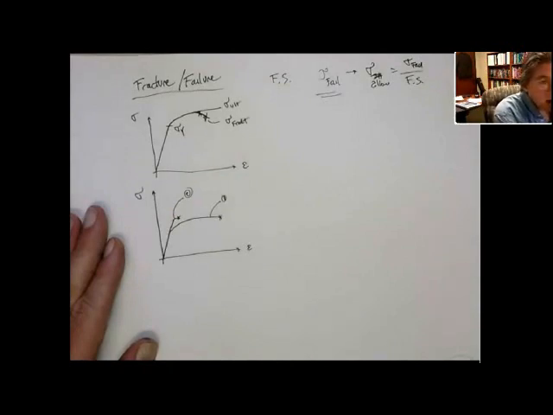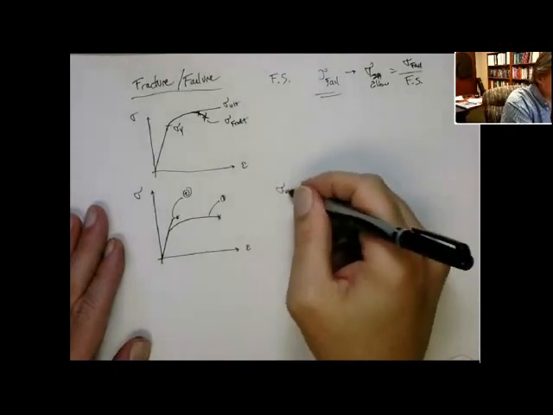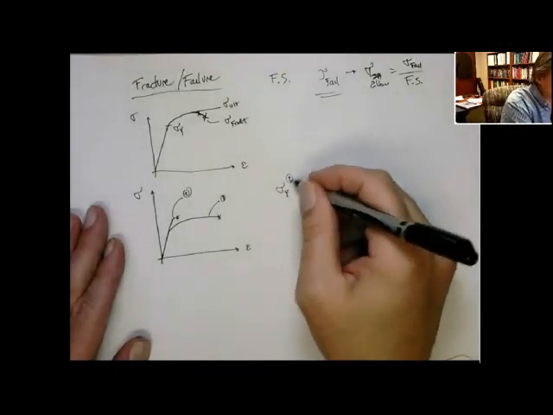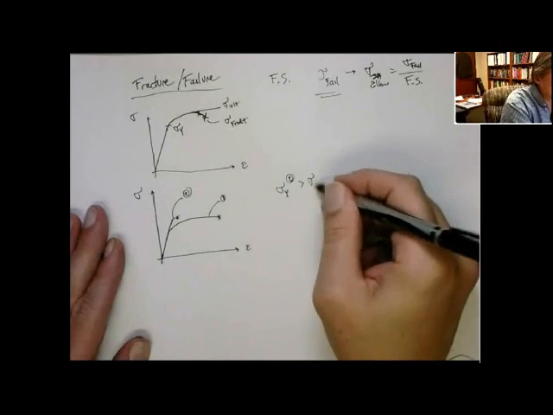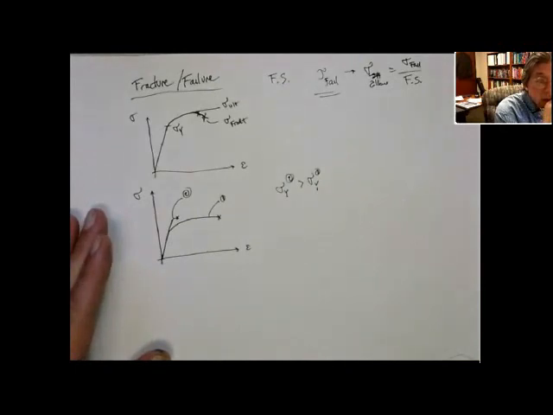All right, which one's better? Well, the yield for material 2 is higher than the yield for material 1. So if you're designing to that level, you might prefer material 2. And someone might even say, well, even the fracture is higher for material 2.